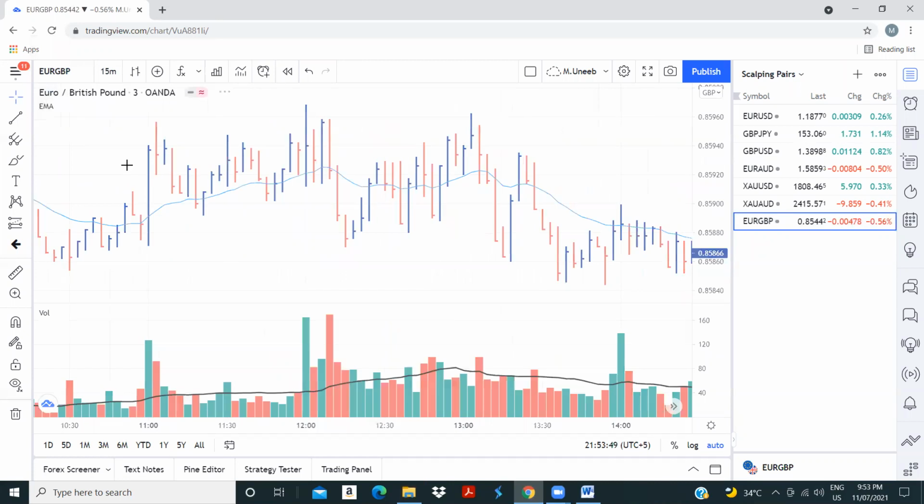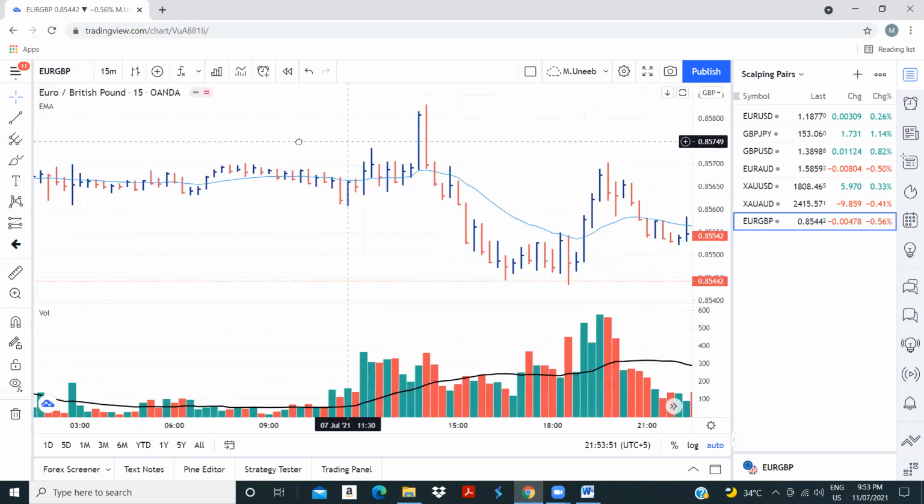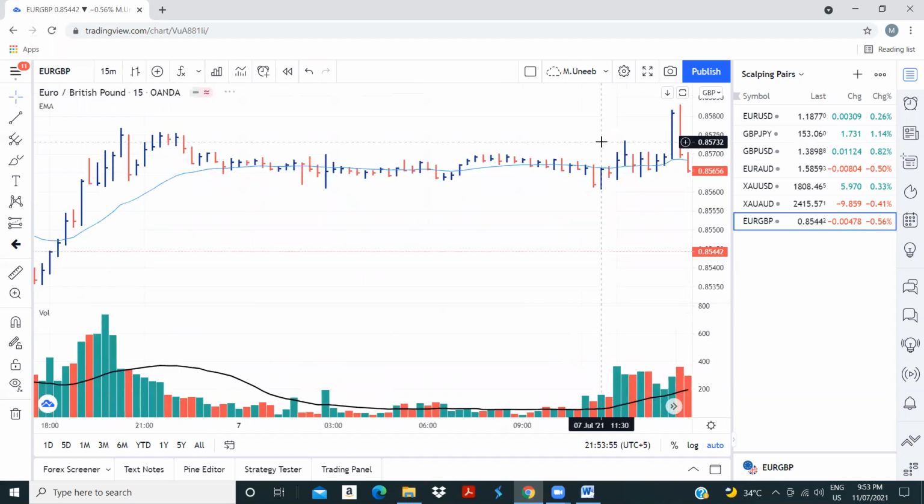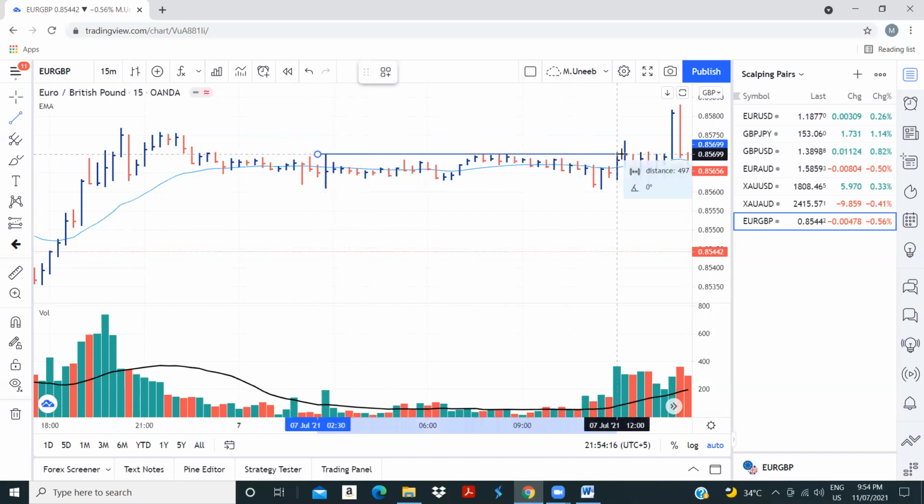Go to the 15-minute time frame, and in the 15-minute time frame we identify the Asian high and Asian low. This is an overnight high. Somewhere here is the Asian high on the top. You can calculate it by looking before around 2 or 3 o'clock Pakistan time AM and mark your Asian high from here.